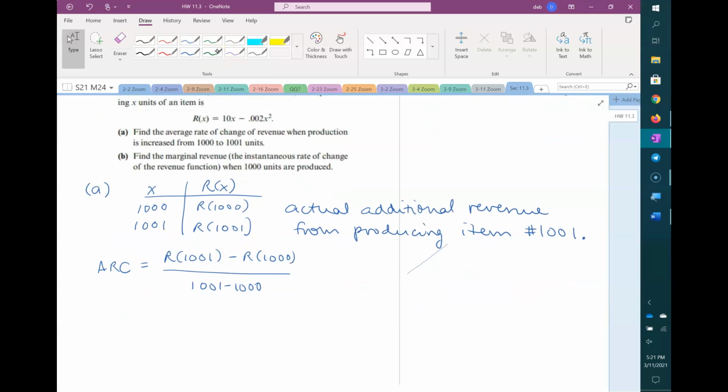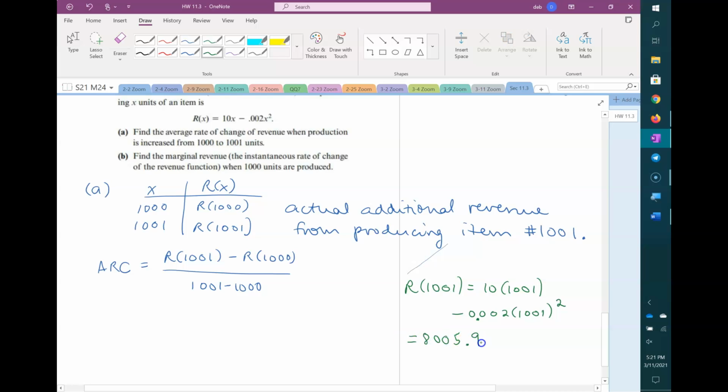So I want to come over here because that R formula is kind of big. And so I'm going to do R of 1001 over here and get a result. And then put it in my formula. So 10 times 1001 minus 0.002 times 1001 squared, I'm getting 8,005.998.